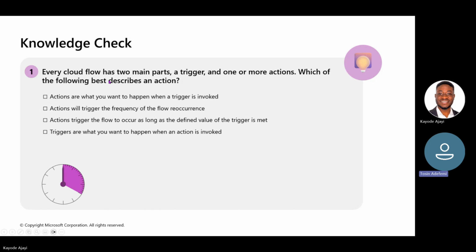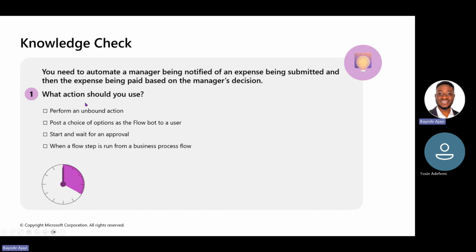It's between A and C, but I'll go with A. Actions are what you want to happen when a trigger is invoked. Let's just see. Yeah, so it's actually A. Just like in our case, the trigger was when an item is created in SharePoint. Then we had a couple of actions. First of all, we got the items. Next, we sent an email. Those are different actions that we want to occur once the trigger is invoked.